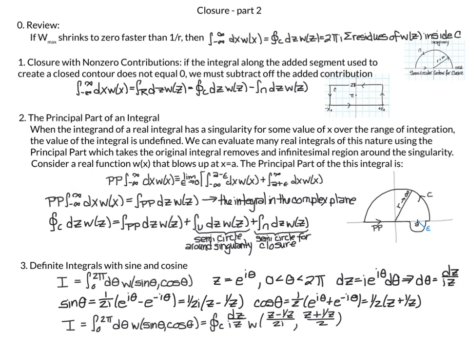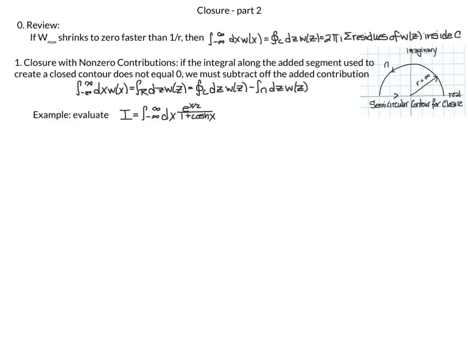That wraps up our overview, so we're going to start now up here with closure with non-zero contributions. The idea is simple enough. If the integral along the added segment, that's the semicircle here, used to create a closed contour does not equal 0, we must subtract off the added contribution.